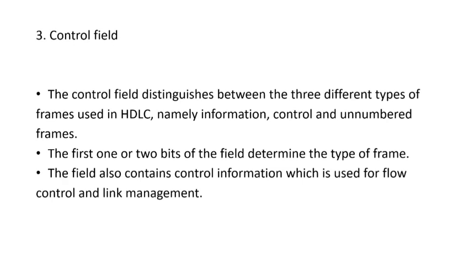The control field distinguishes between the different types of frames. If you observe HDLC, there are mainly 3 types of frames. The various types of frames that we send in HDLC are the information frame, then the supervisory frame, also called the control frame, and then the unnumbered frame.